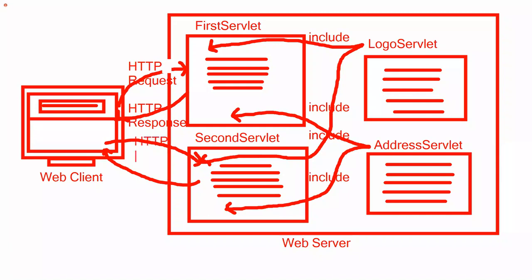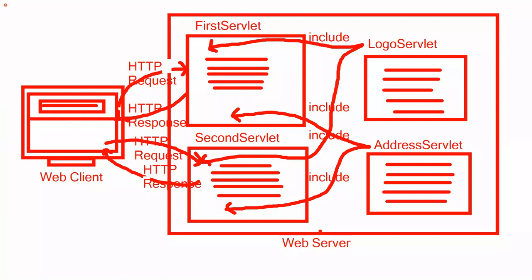HTTP request, HTTP response. If we send a request to the first servlet, the first servlet is executed, the logo servlet is executed, the address servlet is executed. If we send a request to the second servlet, again the second servlet is executed, the logo servlet is executed, the address servlet is executed.